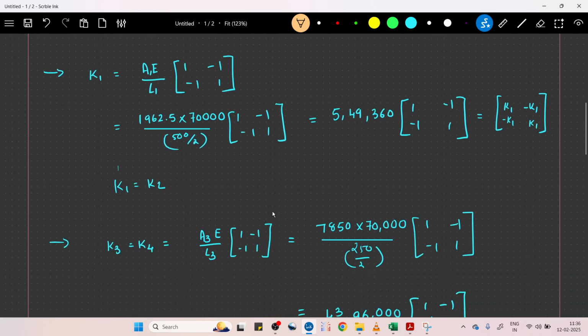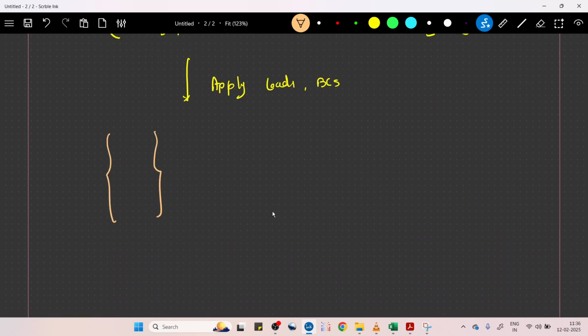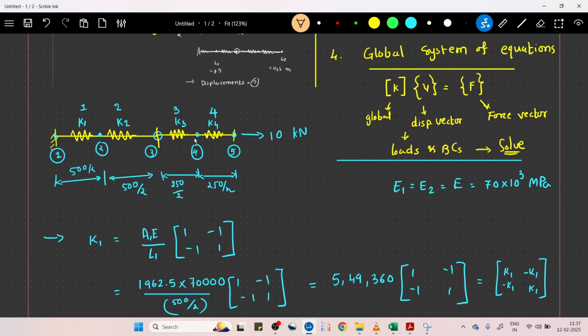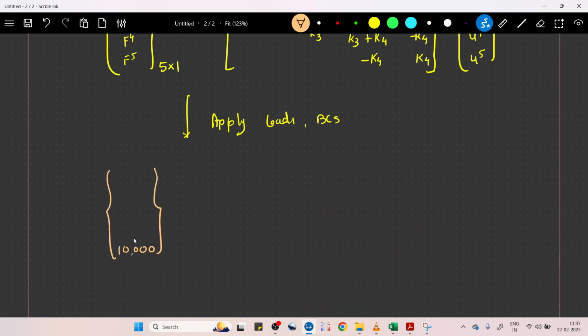So external force is applied at node 5, and F5 is going to be 10,000 newton. If you see F4, F3 and F2, they are not given any external forces. So F2, F3 and F4 are 0.